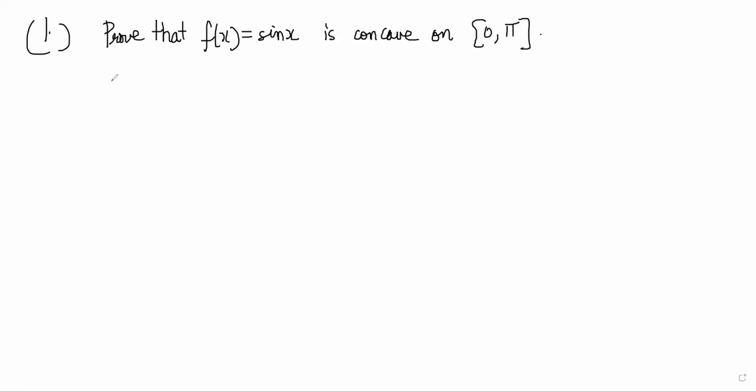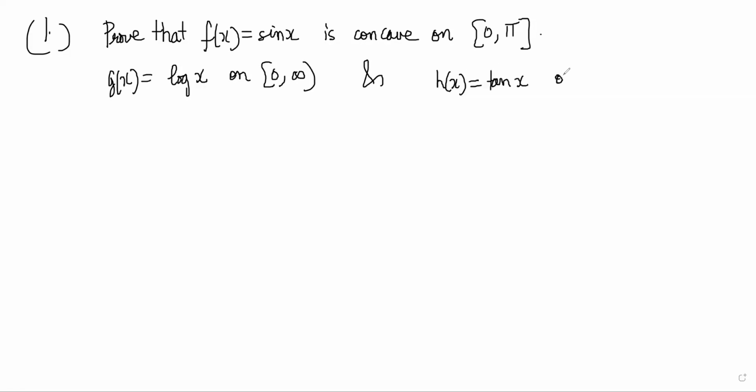And we should also check for different functions, g of x, which is equal to log x on 0 to infinity. And we can check for h of x, which is equal to tan x on 0 to pi by 2.